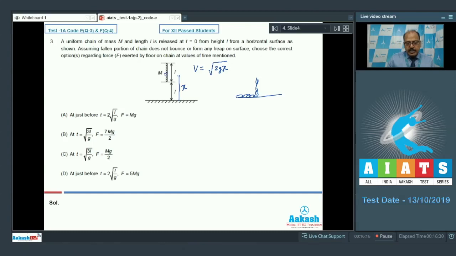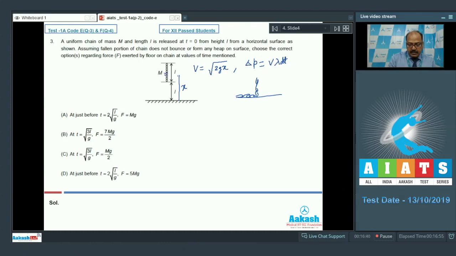Let's consider a very small time interval dt. So the momentum imparted by the falling part, let's call it delta p, is equal to mass which has fallen. That mass will be equal to speed v lambda into dt.